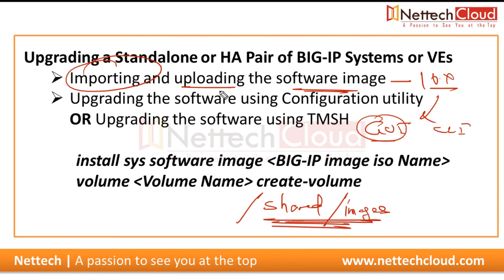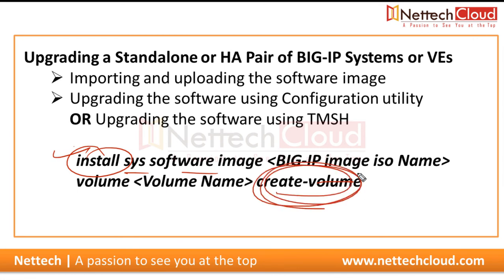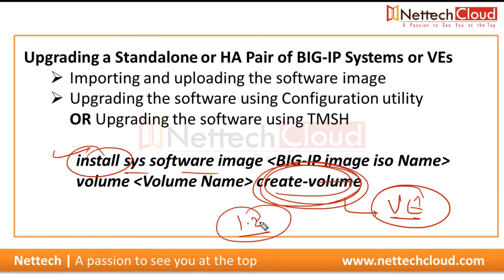And how we can import, from GUI or CLI, either way. Once done, we need to run the command install sys software image, and we also need to create a volume if we are doing the upgrade on a virtual edition, because in a virtual edition there is only one volume, that is 1.1. So we need to create a new volume, 1.2, and that is not possible from the GUI mode.